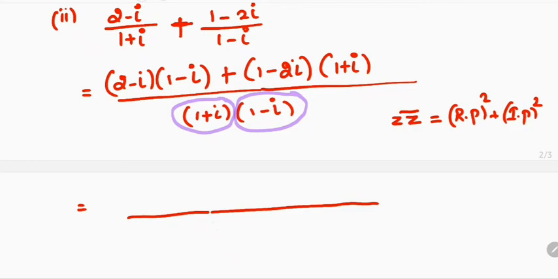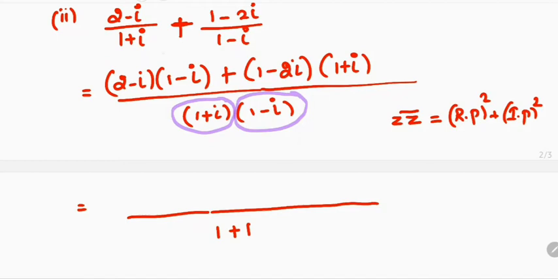Here the real part is 1, so 1 squared is 1. In between you have to write plus. The imaginary part is 1 here, and minus 1 there. Whether you square plus 1 or minus 1, you will get 1. So the denominator is over. We have used this formula.